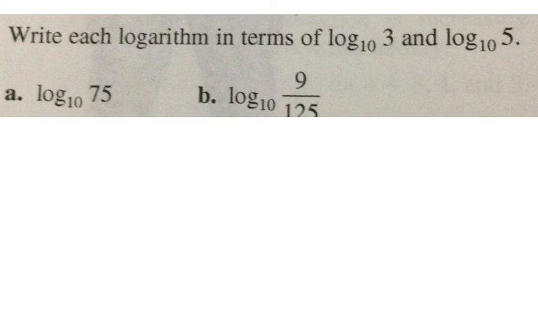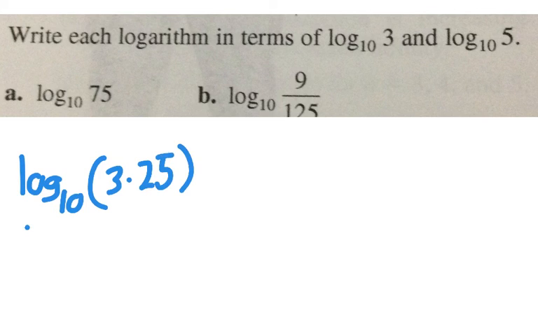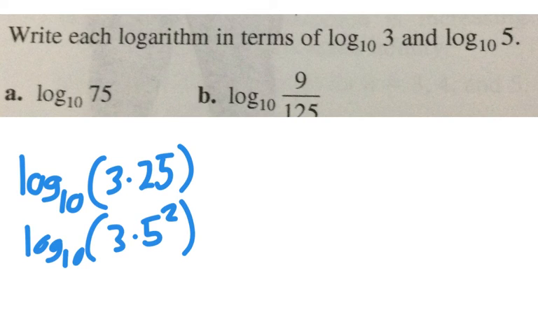Tell me, Joe, how'd you get that? Well, it'd be product property. Okay, and 3 times 5 squared. Okay, so 75 can be rewritten as 3 times 25, right? And 25 is the same thing as 5 squared. Like it?